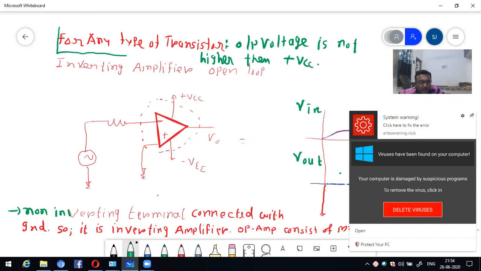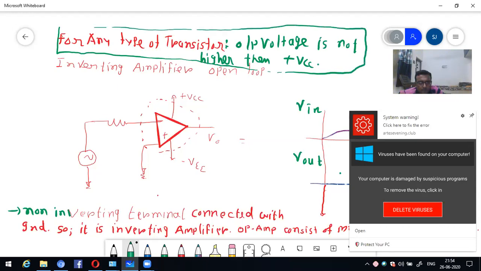Please carefully read this statement, whatever I have highlighted here.